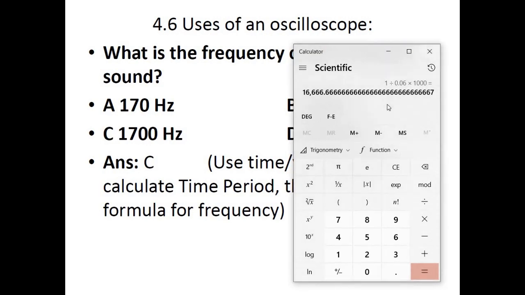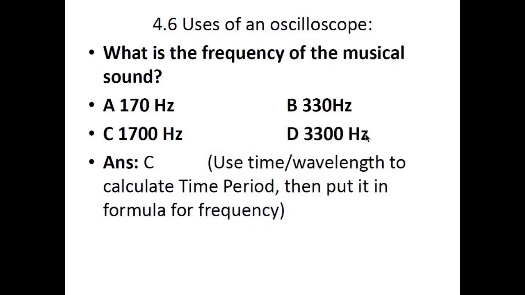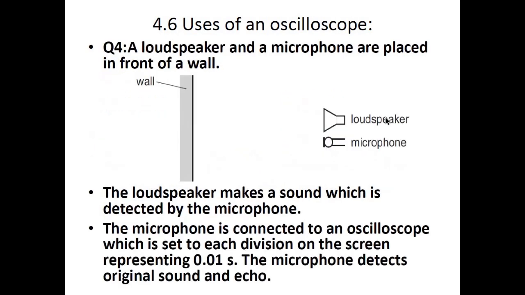Sorry, I added an extra 0. 1 divided by 0.6 would give us something like 1666.66. Now we don't exactly have that option over here, but C would be our closest answer to that, hence C is our answer.